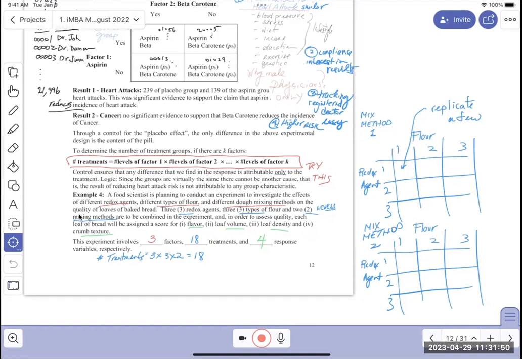So there's no control group because this is not a human subject experiment. It's not in the strict sense of the placebo group. We don't have one. We don't need one. The loaves are not thinking.